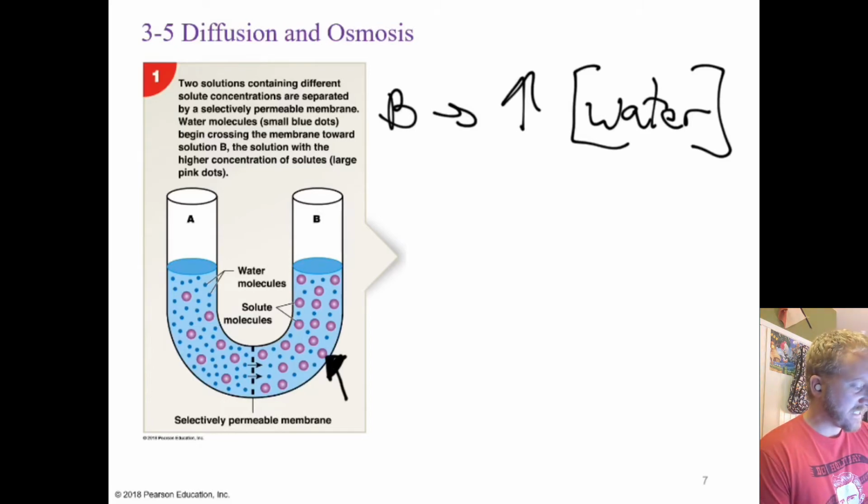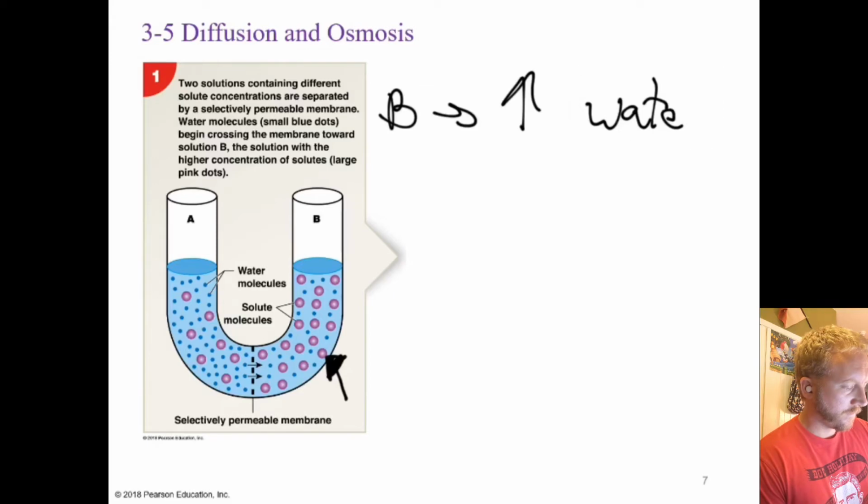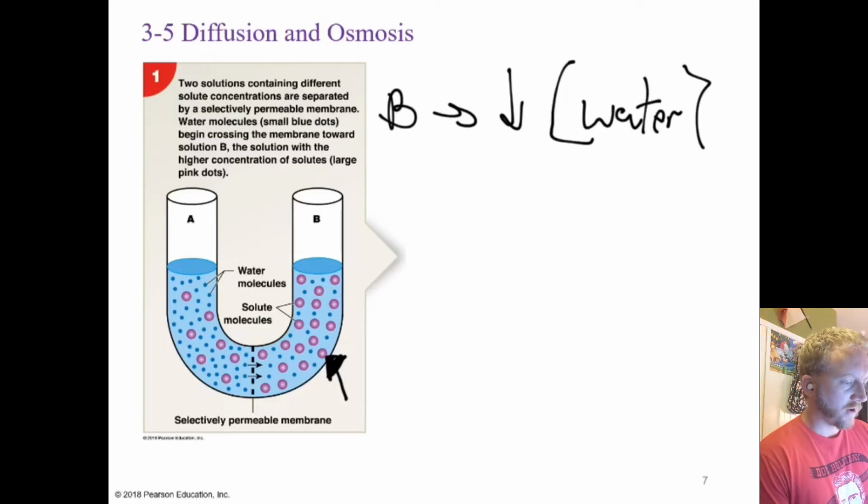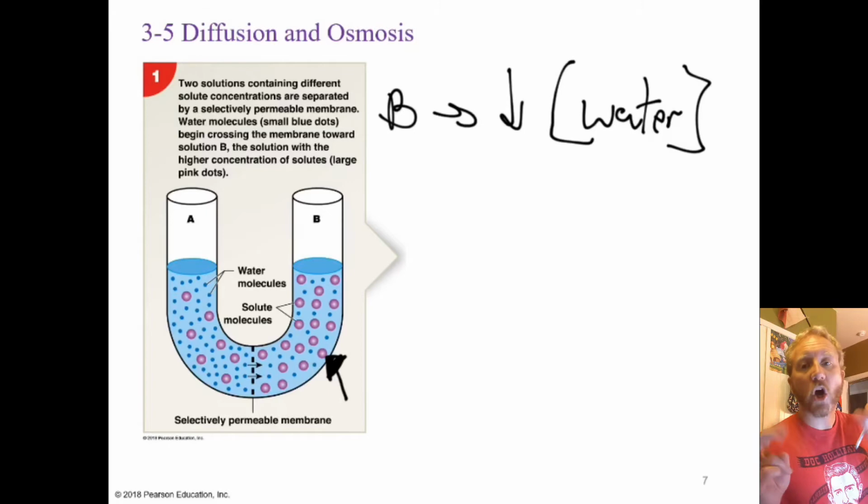So B has a higher, no, that's wrong. I had it backwards. B has a lower water concentration, okay? So that means there's less water on one side than the other, and that's what's doing the moving. Higher solute concentration, less water concentration.